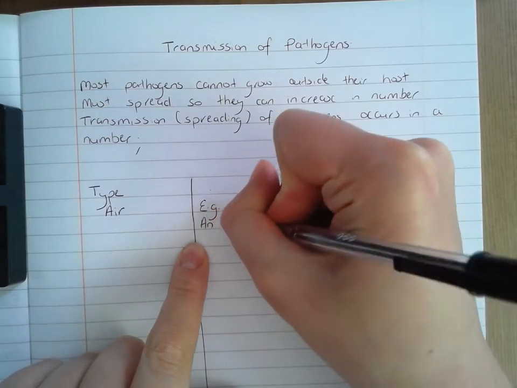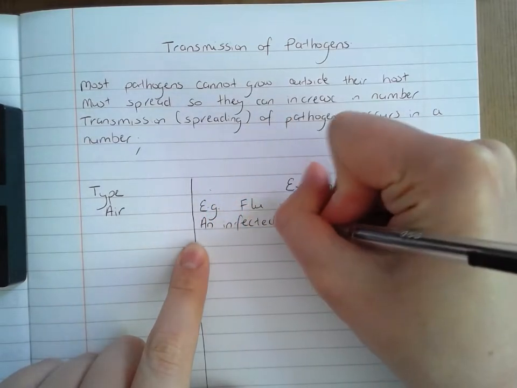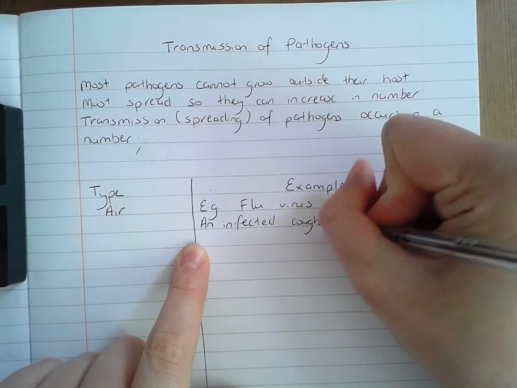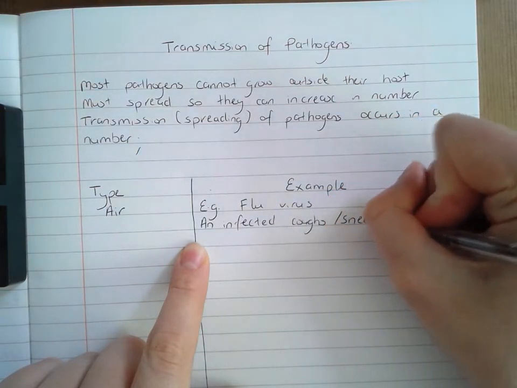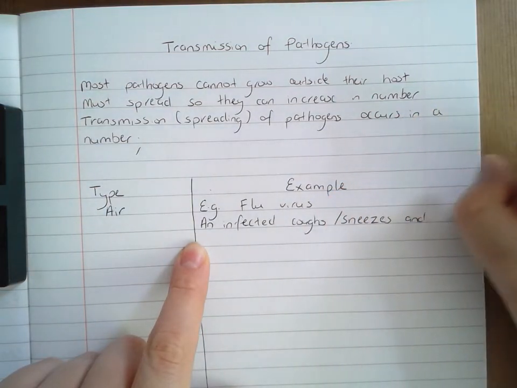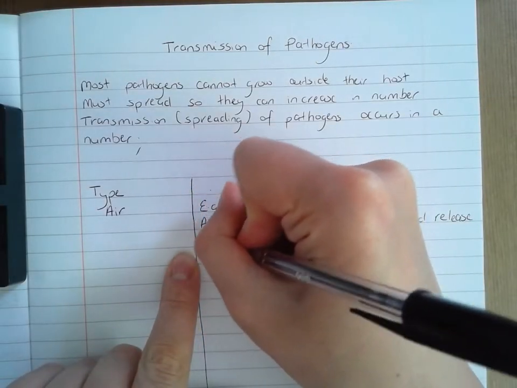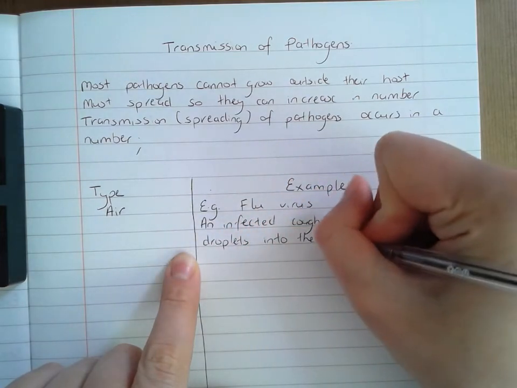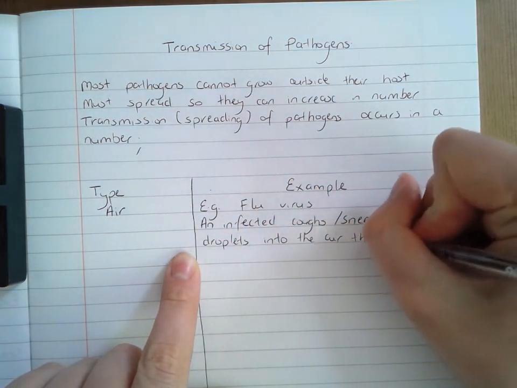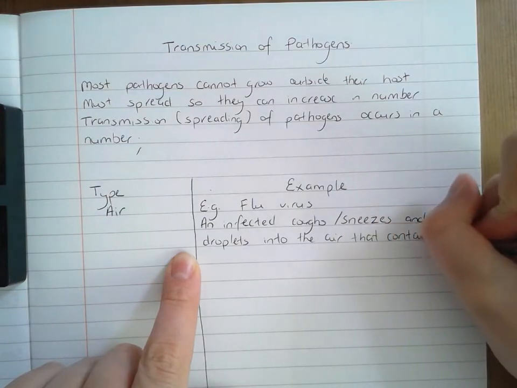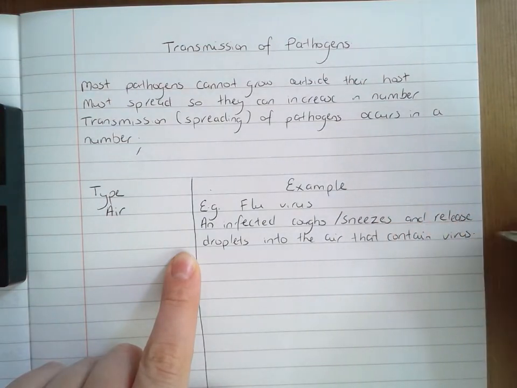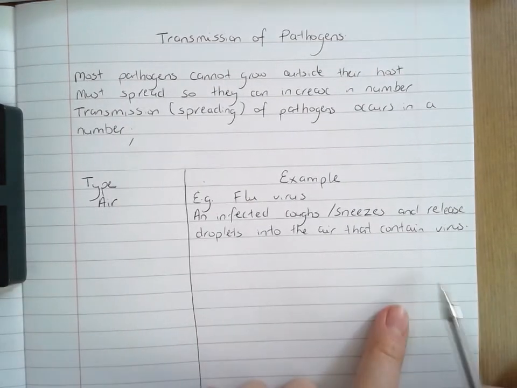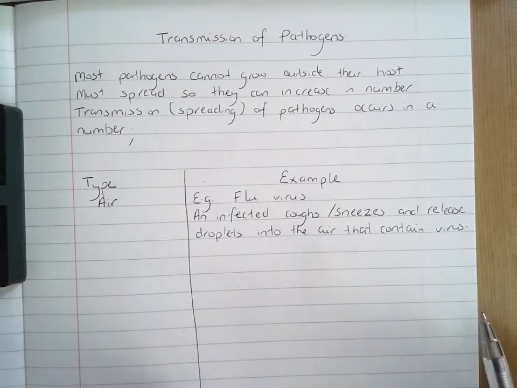So an infected person, someone with the virus, coughs or sneezes, and when they do that, they release droplets into the air that contain the virus itself. And then the virus within those droplets can travel through the air and infect someone else.